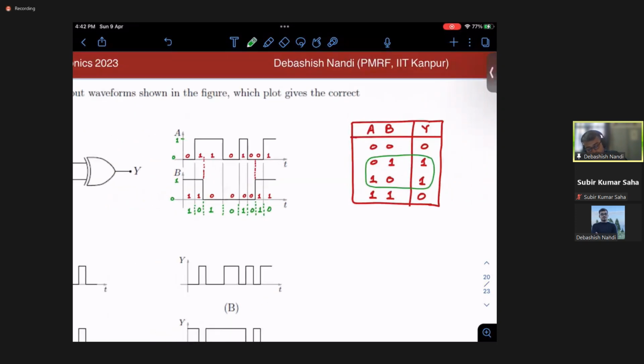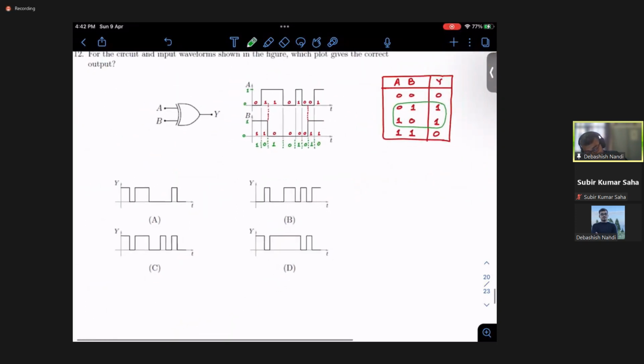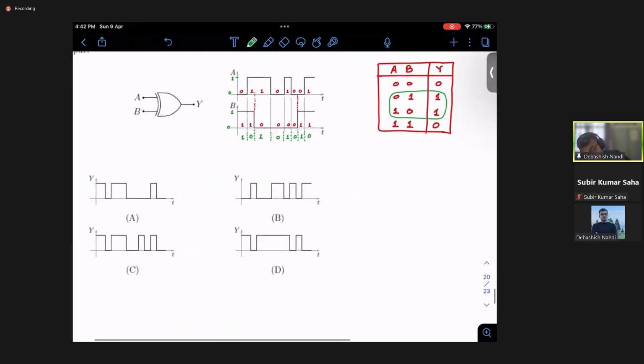So your pulse will be something like this, right? First you have 1, then 0, then 1, then 0, but you do not have certain changes, right?